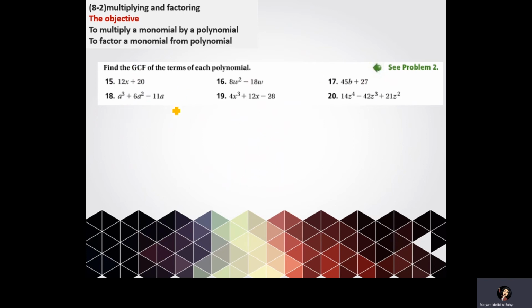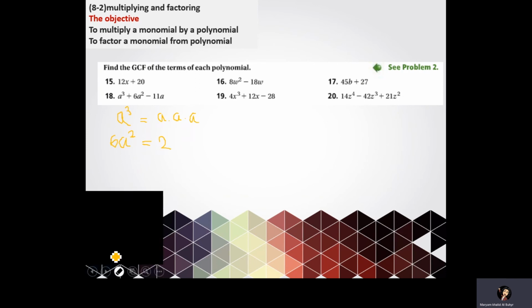So let's do this one for example, a to the power 3. So that is equal to a times a times a, 3 times. Then 6a squared, which is equal to 2 times 3. Sorry, I'm not going to write the multiplication like this, to avoid confusing you.